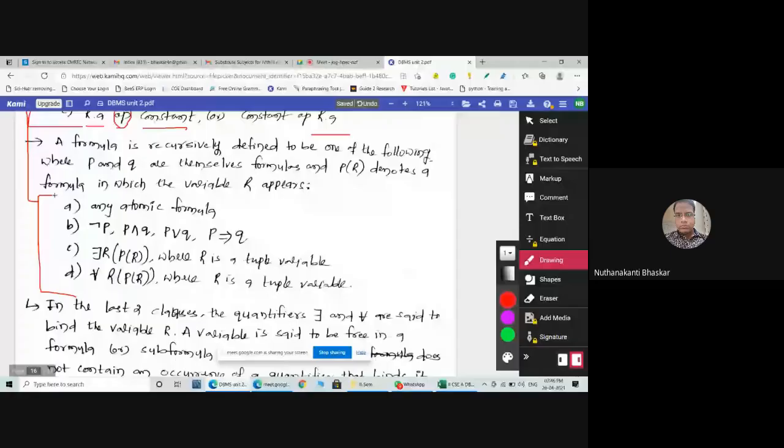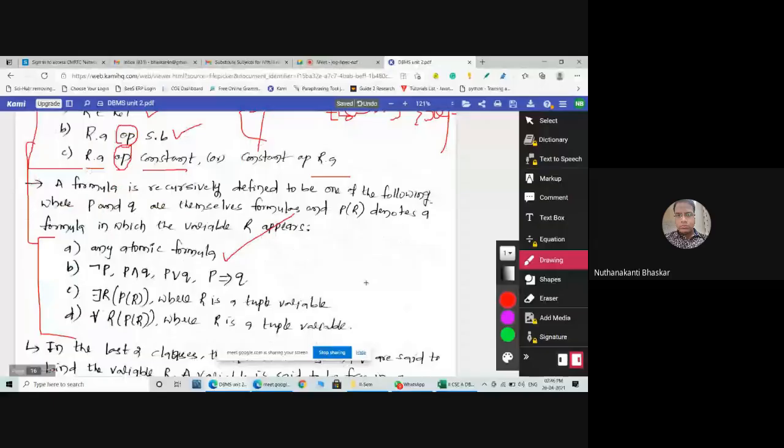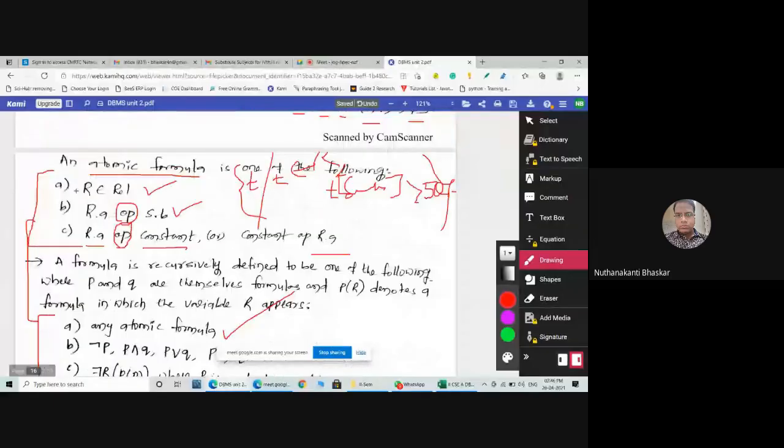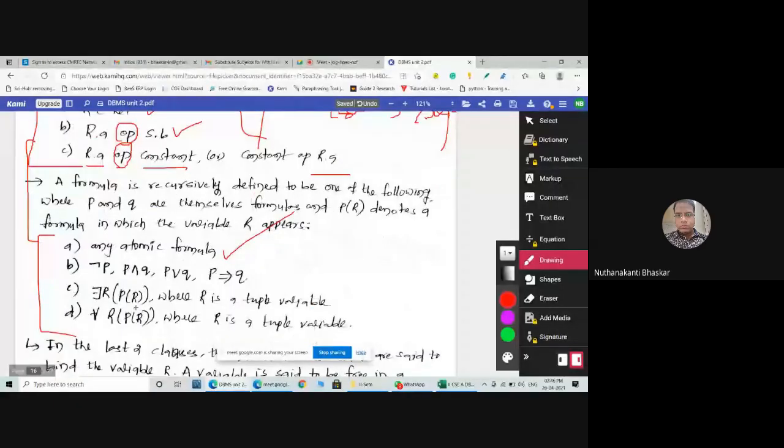So the formula we can use is any atomic formula. So you can use A, B, C. Whenever you want to build a formula recursively, it happens when you want to extract the data. The next one is B. Here P and Q are two different attributes.